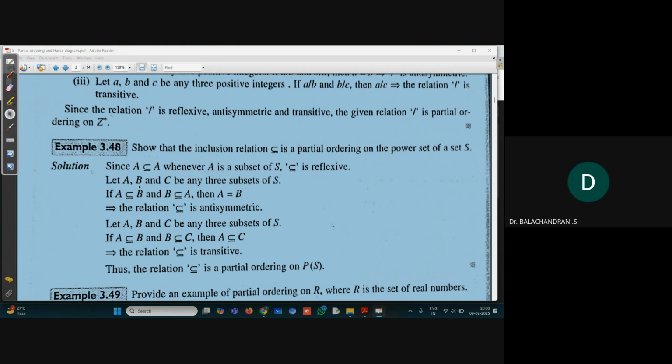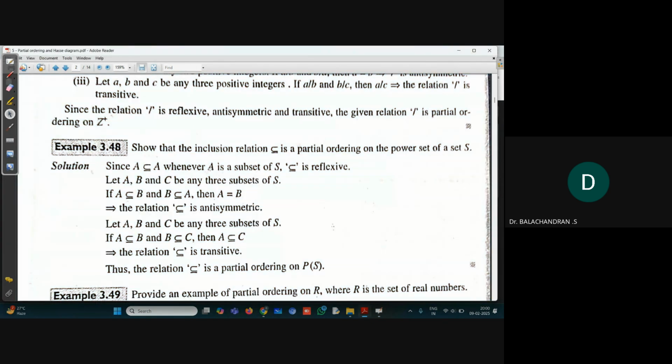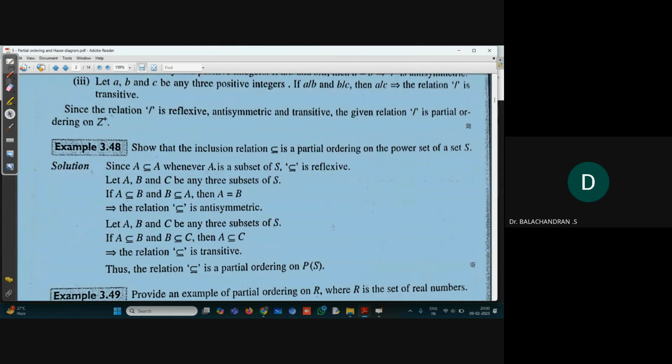So we know that A is a subset of A for any subset. So hence it is reflexive. And then antisymmetric: A is a subset of B and B is a subset of A implies A equal to B. So this relation is antisymmetric.